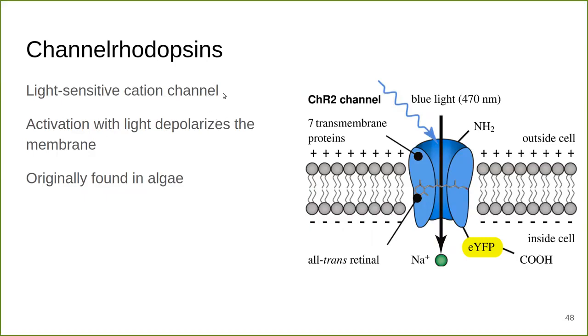So there are proteins that are ion channels, and they are responsive to light, and they are called channelrhodopsins, and they are light-sensitive cation channels. They were originally found in algae, and when you activate them with light, they depolarize the membrane. So this way you can excite the neuron.